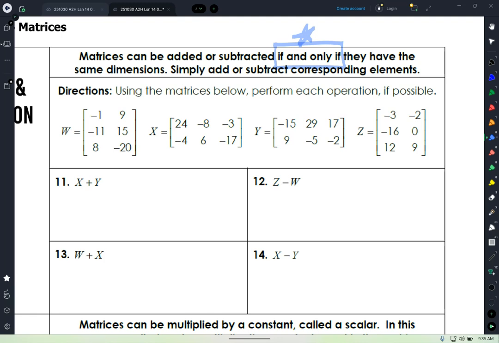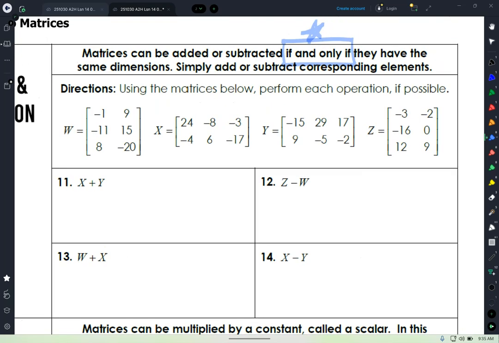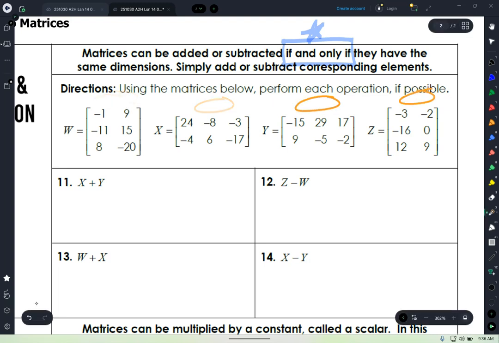Okay, let's try one. Let's do this just to make life easy for ourselves. Here's what I want you to do. Above each one of the matrices, right up here and here and here and here, I want you to write the dimensions of the matrix.